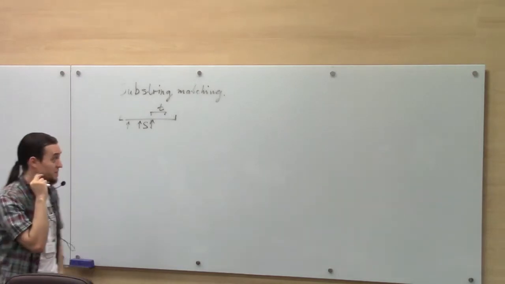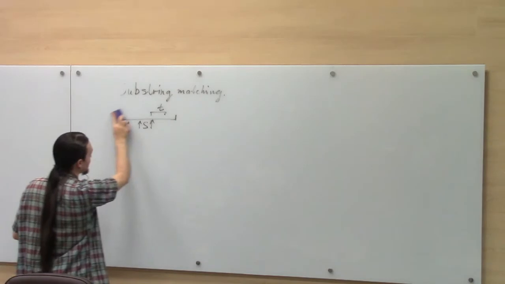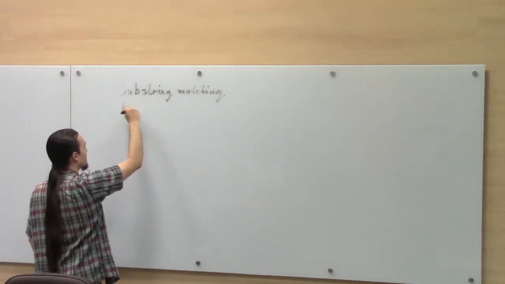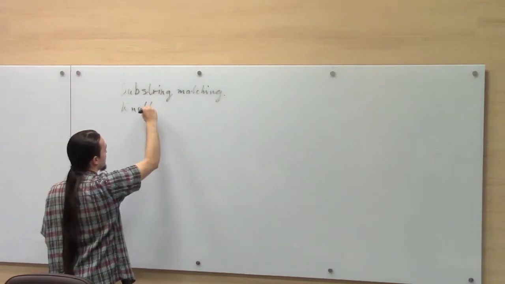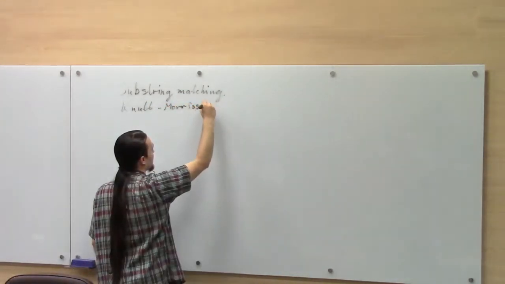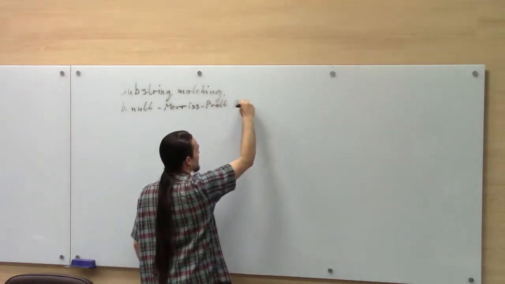So the first approach that we are going to discuss is something called the Knuth-Morris-Pratt algorithm, or just KMP.